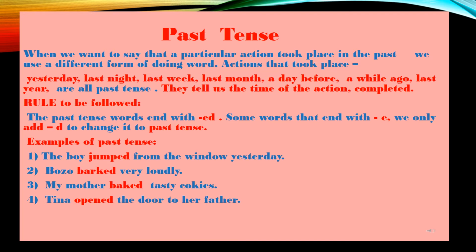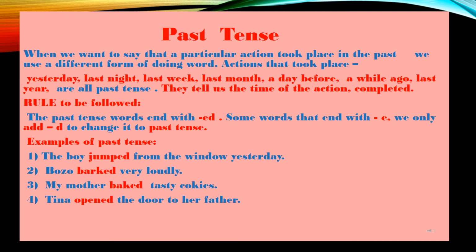These are all past tense. Past means the days that have already gone. Children, you must relate the present and past with today and yesterday. Present is today and past is yesterday, the day that has gone or the days that have gone.